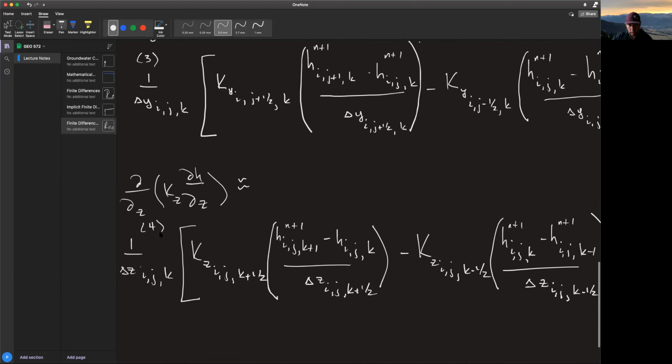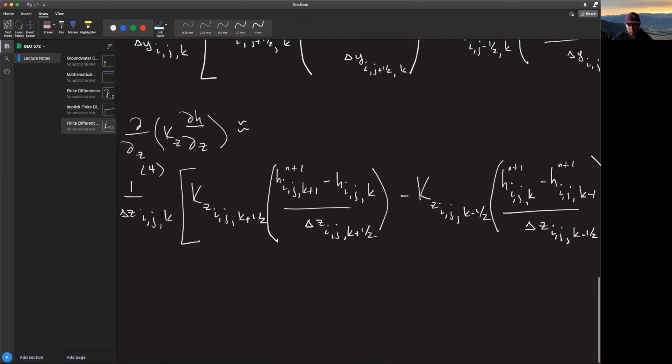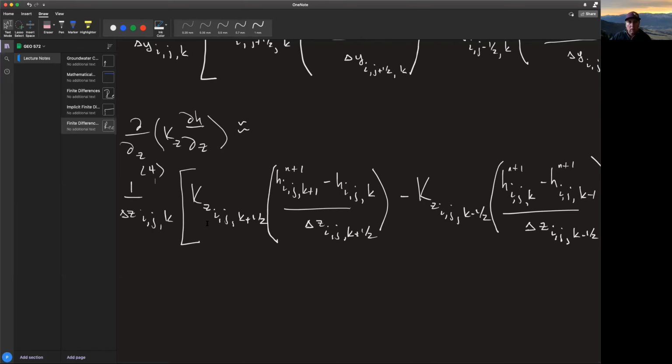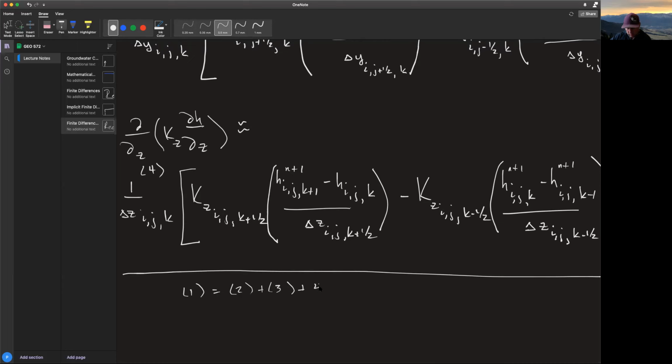All right, so we have 4 terms, and we can write them all out here. So here's our full equation: 1 is equal to 2 plus 3 plus 4.